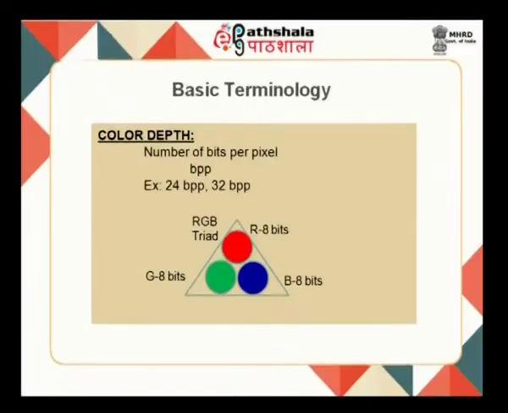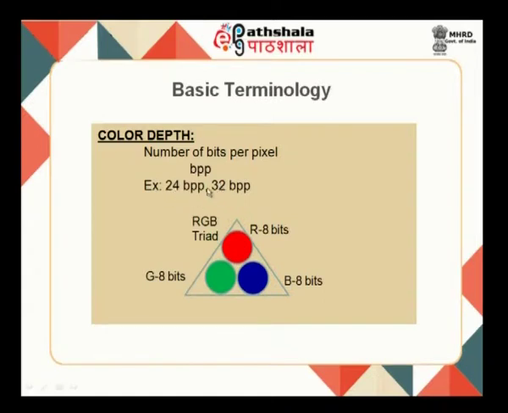The number of colors that can be produced by a display device is called the color depth, and it depends on the number of bits we assign per pixel. We can assign 24 bits, or we can assign 32 bits, depending on how many vibrant colors, how much variety of colors we want for our display device.